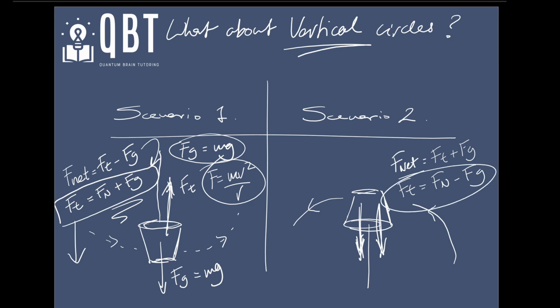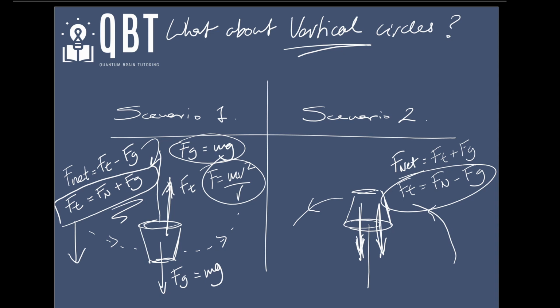So we've got two different situations and two different formulas, and that's really important because that changes the magnitude of the centripetal force which is being provided by the tension in the rope. When you're doing vertical circles, go away and look at some more examples, but you need to have an understanding of what's going on.